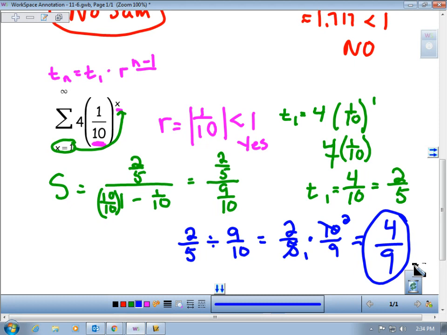Once again, I'd probably rather you leave it as a fraction than as a decimal, especially since they give you fractions here. But that's it. A little less complicated of a formula, but you're going to do some of the same stuff. Very similar.